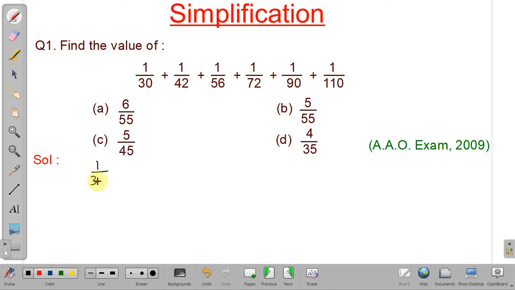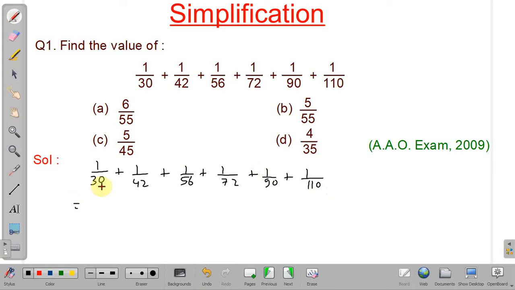See, in problems like this, we can express every term as a difference of two terms. So just see how we can do that. Plus 1 by 56 plus 1 by 72 plus 1 by 90 plus 1 by 110.